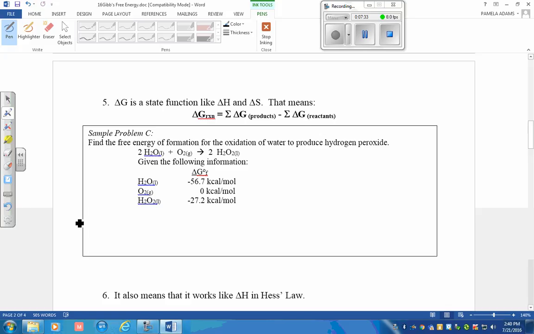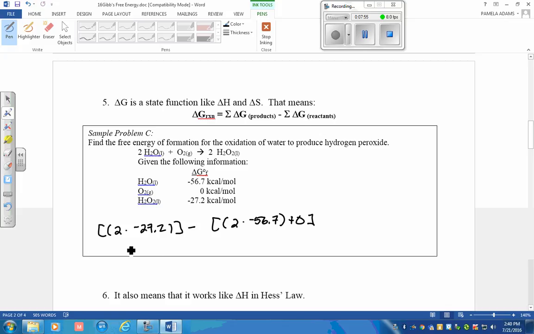So the delta G for this reaction would be 2 times the value of the product, H2O2, minus 2 times the water, plus 0 because the oxygen is 0.